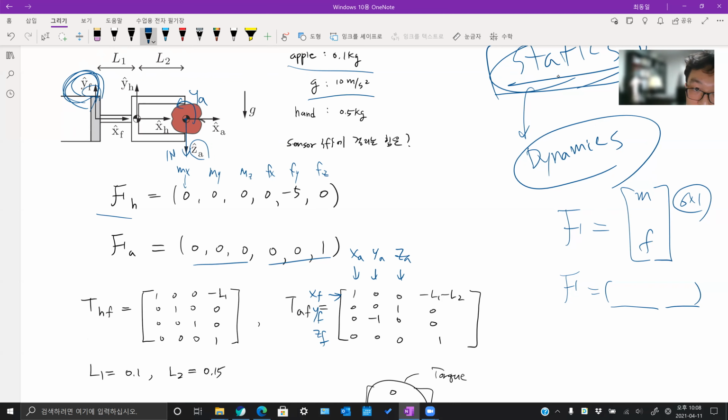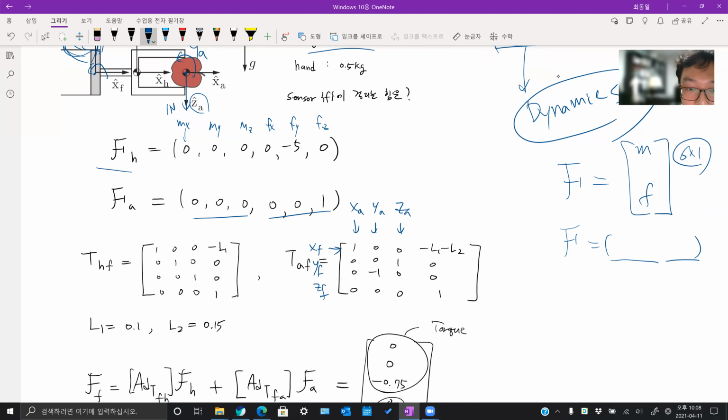So the y direction is equal to the z direction. No, because xy here, z comes out of here. Y and x have the same direction. I think this should be 1.